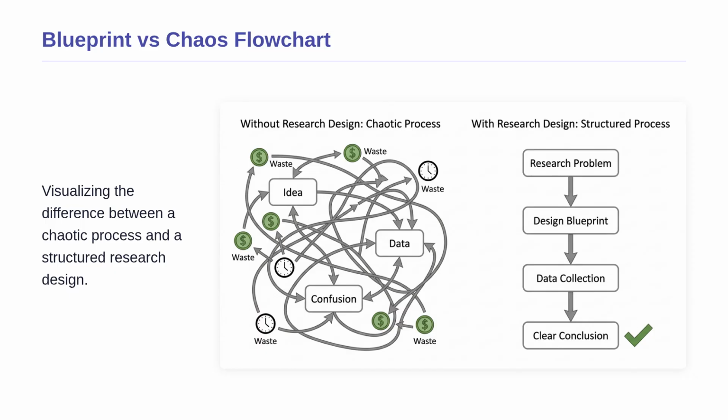Now look at the right side, representing the structured process with a research design. It is a clean, linear path. You start with a research problem, move to the design blueprint, proceed to data collection, and arrive smoothly at a clear conclusion. This diagram perfectly captures why the structured approach saves resources and guarantees reliable results.